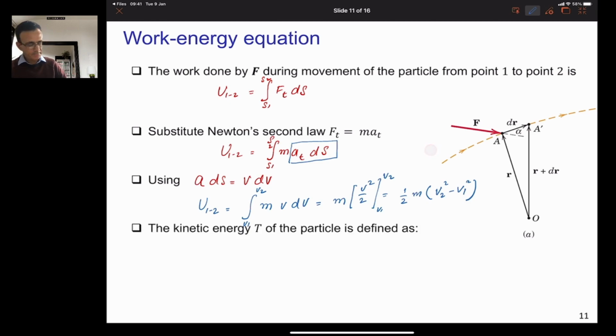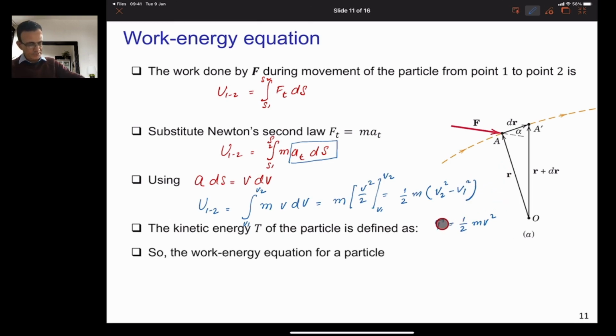And now you may have seen this definition of the kinetic energy. Here we represent the kinetic energy by T. The kinetic energy of a particle is defined as T equals half mv square. So now in this equation here we have half mv2 square and half mv1 square.